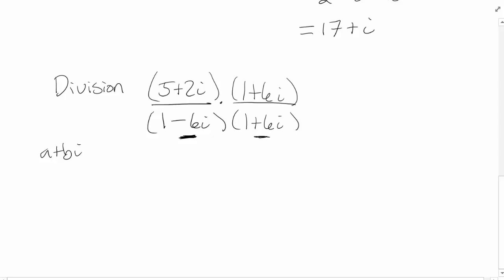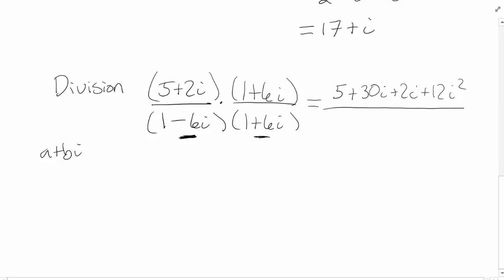So now I've turned my problem into multiplication, and I'm going to FOIL at the top, so I get 5 times 1, that's 5, plus 5 times 6i, that's 30i, plus 2i times 1, that's plus 2i, plus 2i times 6i, that'll be plus 12i squared.